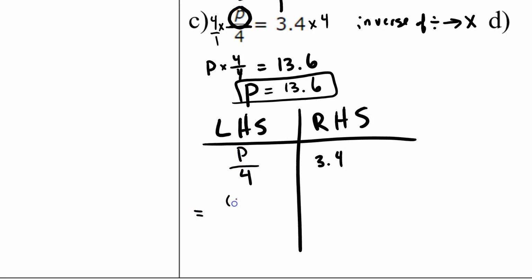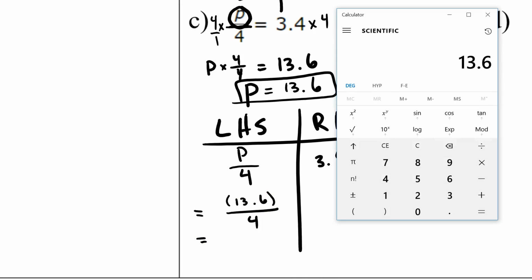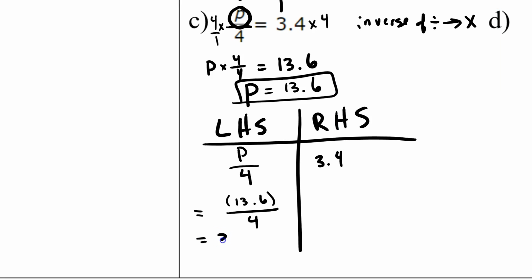So I'm saying 13.6 divided by 4. Remember, we don't have to do anything to this right-hand side because it simply is just a value, 3.4. And 13.6 divided by 4, let's see. 13.6 divided by 4. Let's hope it's 3.4. Oh, yes. 3.4. So we know that left-hand side equals right-hand side, and we're verified.